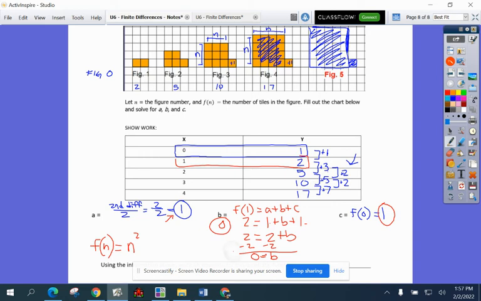There is no B, but our C is 1, so we're just going to add 1. And that's our formula. And if we talked about up here when we were drawing a figure, we said n times n, which is n squared, and then we added 1 block. So we could have done it both ways.